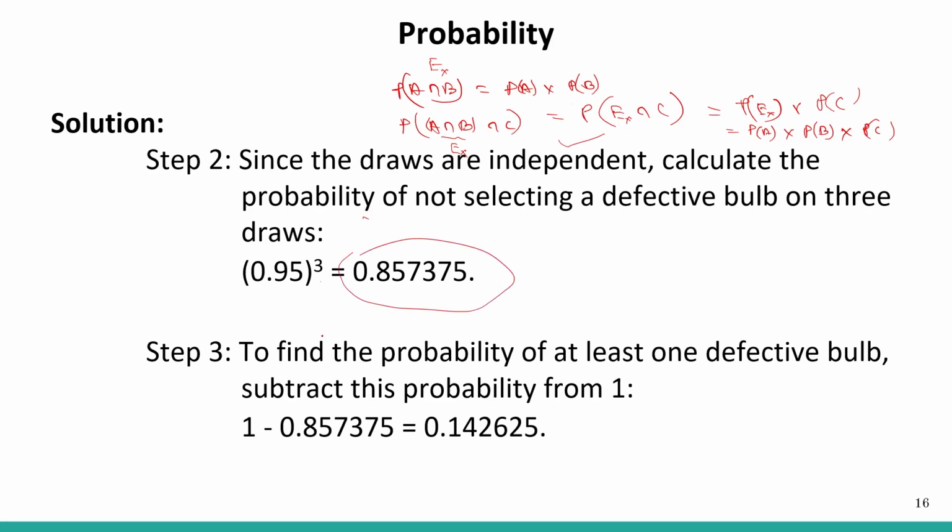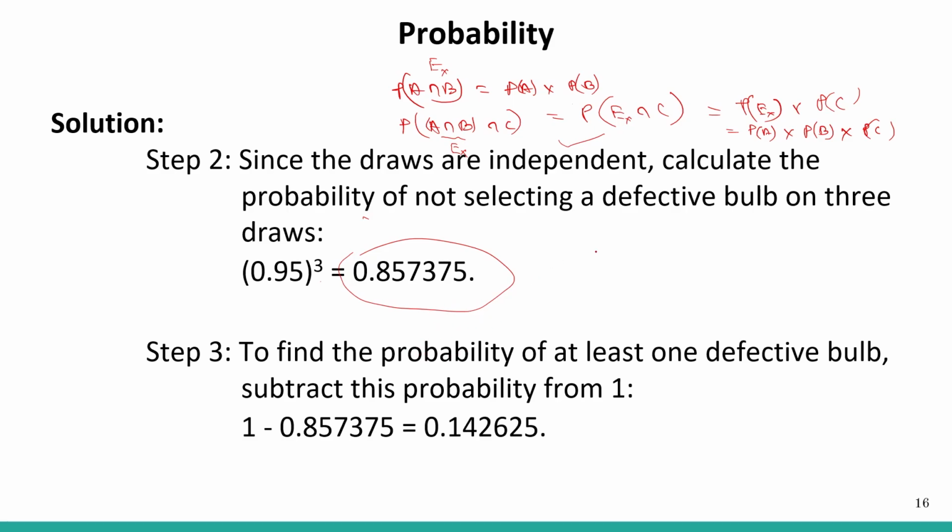So to find the probability that from all of these at least one bulb is defective, subtract this probability from 1, because you didn't get any defective.